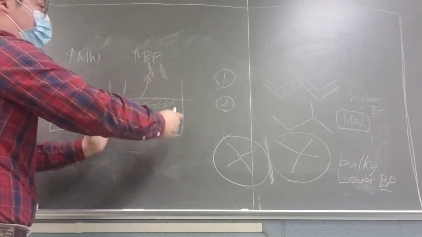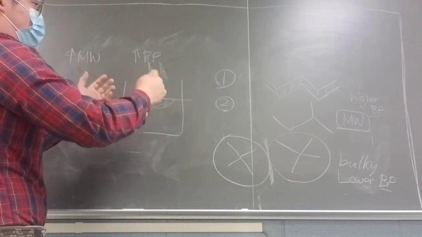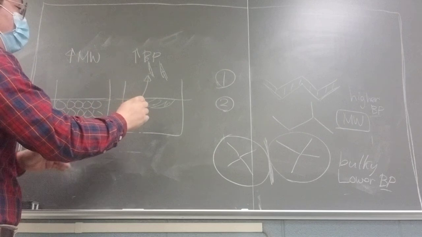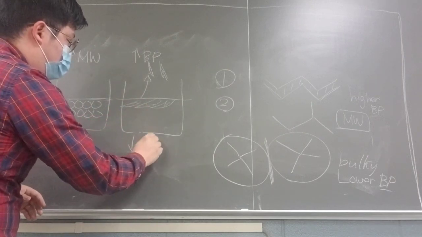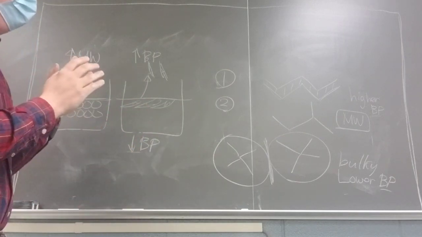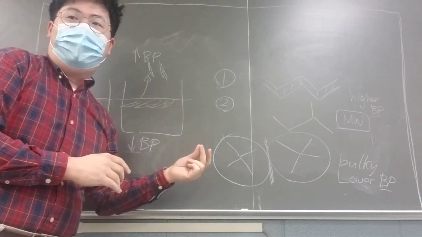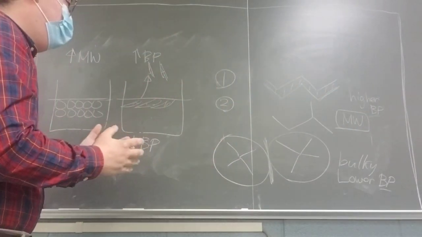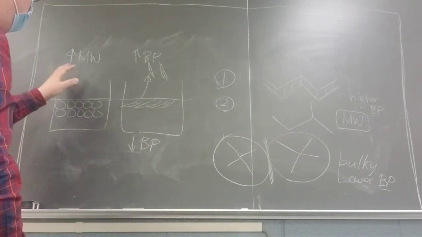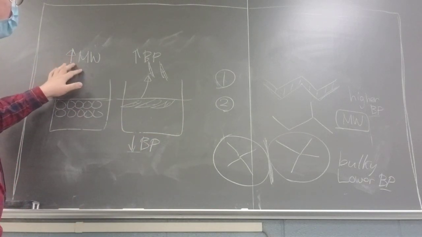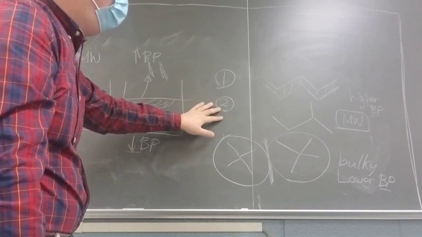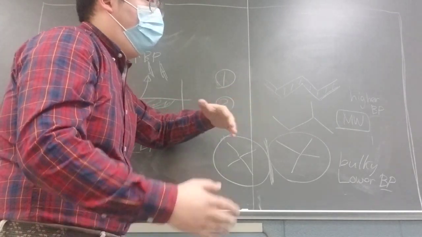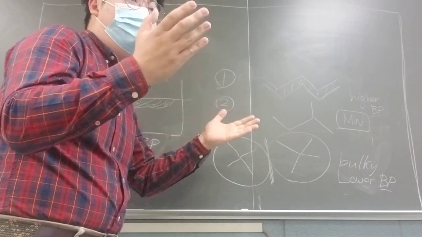But if it's lighter, if it's not so big, a small molecule will tend to have a low boiling point because of that. So only two factors will determine the boiling points and melting points, the physical properties of the compounds. The first one is molecular weight, and the second one is how they can interact with each other based on their shape.